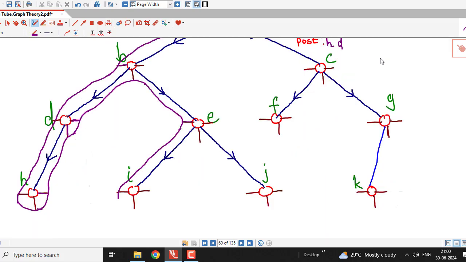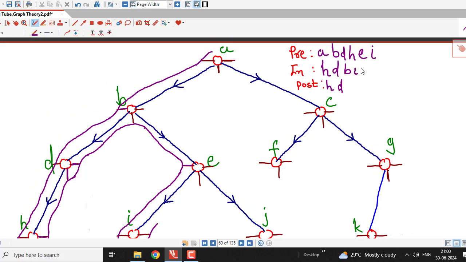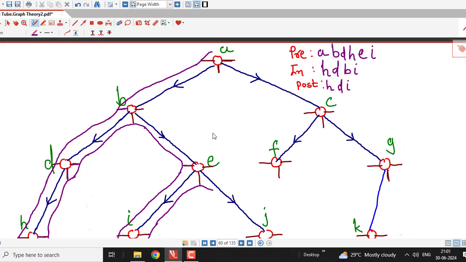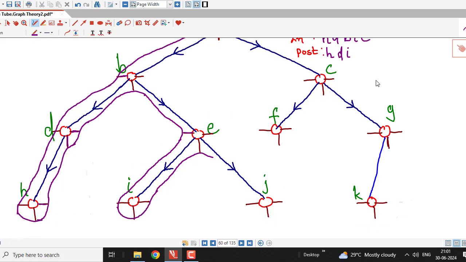Similarly, I have pre-order, in-order and post-order for I, so I have to write I in pre-order as well as in in-order and post-order, and then for E I have in-order, and for J I have pre-order, in-order and post-order.